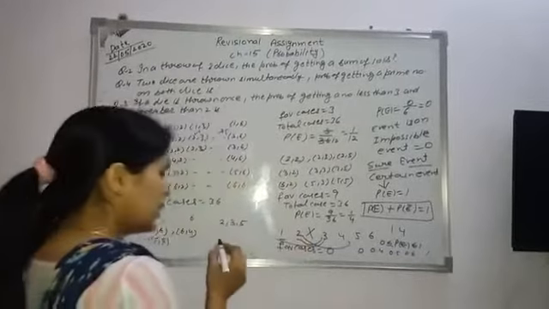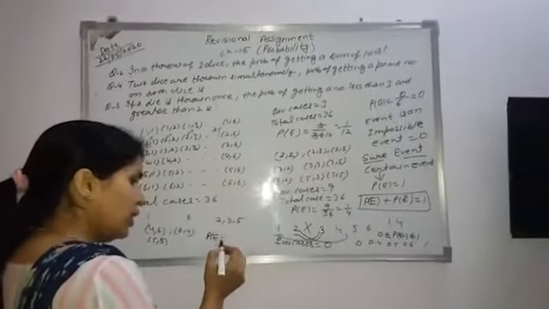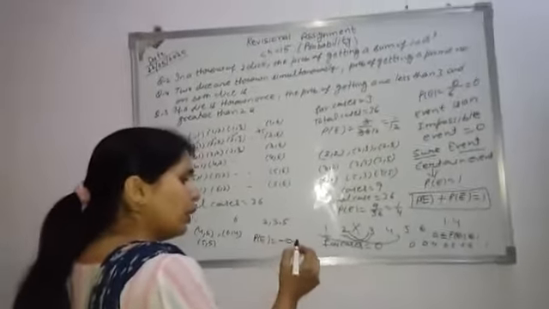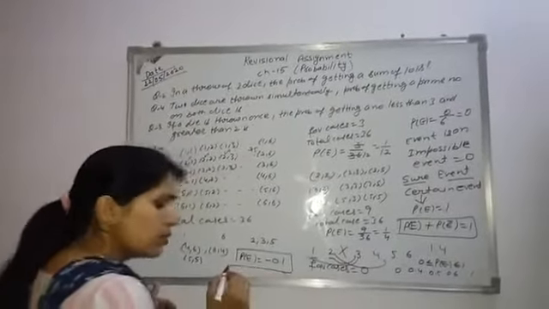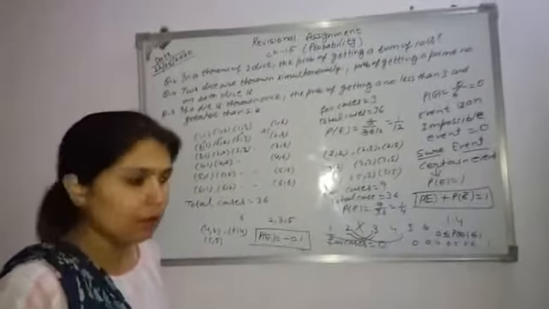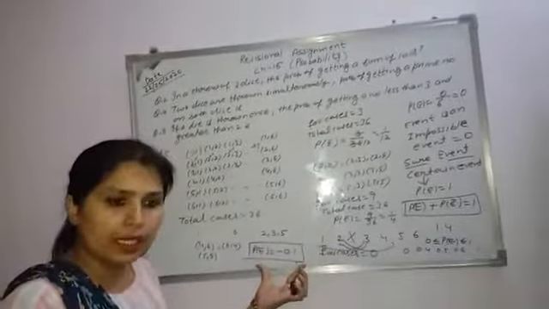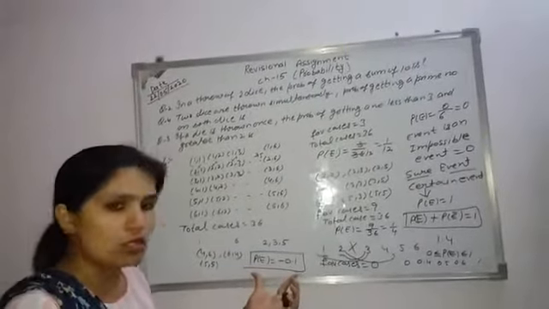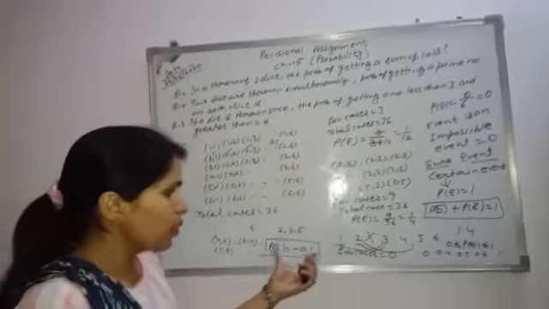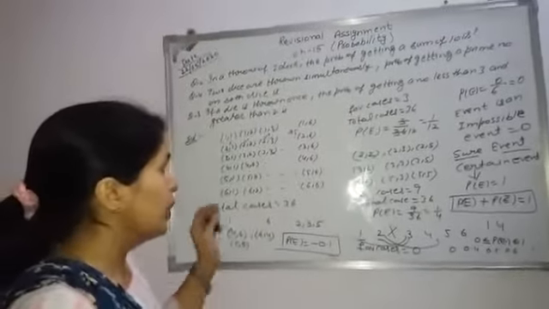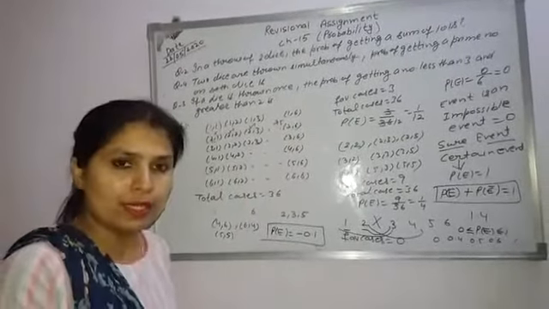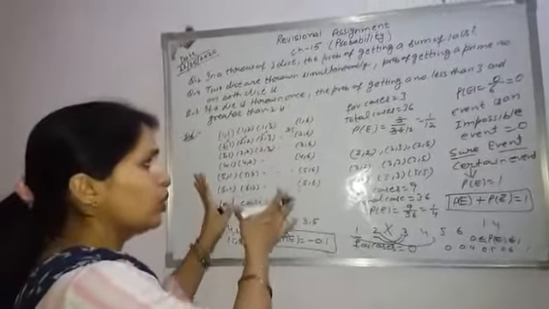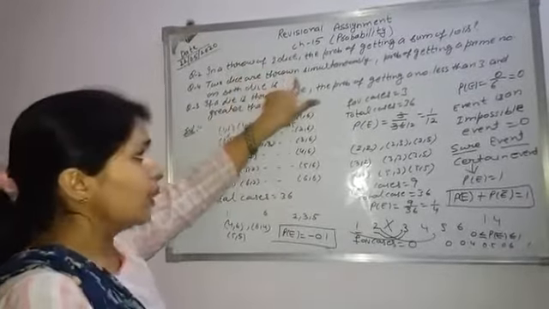But if they say that probability of E is equal to minus 0.1, this value is not possible, because negative probability does not exist. So this is the result, and today you have to solve this assignment, in which all questions are based upon the die.